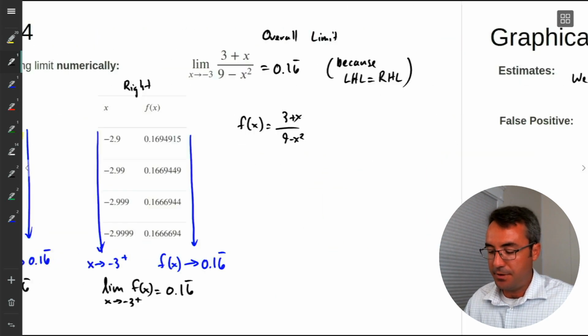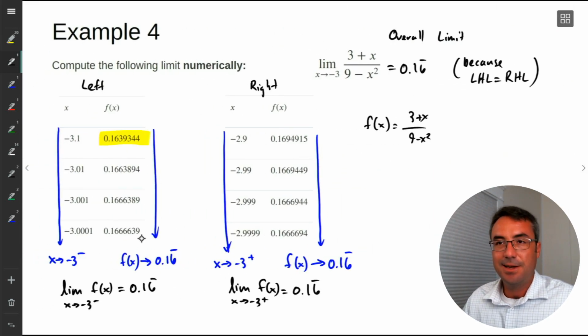Same thing when we have all these different function values. Most likely when you plug negative 3.001 into this function, this is not it. There are other digits that we left off here. So this is sort of just an estimate, even when we just evaluate a function.